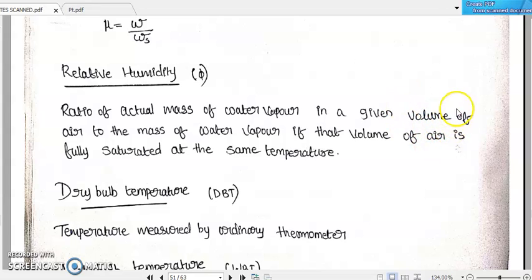So always understand the difference between relative humidity and specific humidity. Relative humidity is defined with respect to unit volume of dry air, but specific humidity is defined with respect to unit mass of dry air.